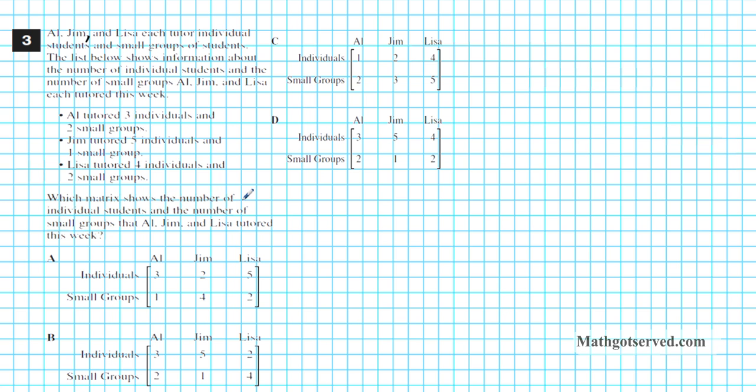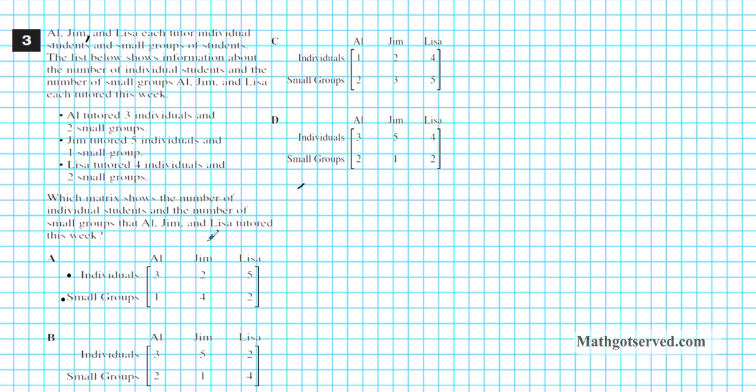So it says which matrix shows the number of individual students and the number of small group students that Al, Jim, and Lisa tutored this week. So we have 4 options here. Now one thing you want to notice is what's different in all these options and what's similar. We notice that individual students and small group students, the criteria for the rows, are identical in all of them, so we don't have to bother with that.